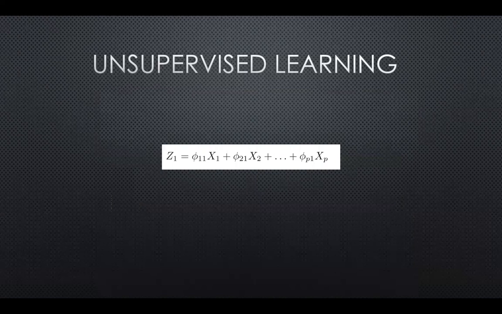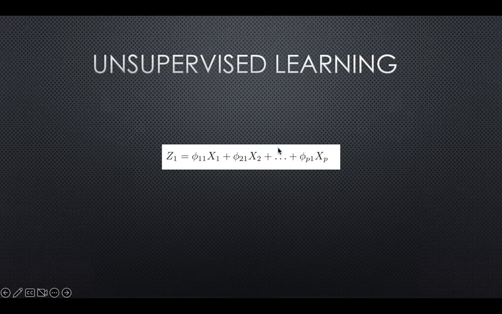The way PCA does that, without getting into a lot of mathematical details, is by taking a linear sum of all the different input features. For example, if you have data that has input features x1, x2 up to xp, you take a linear combination of all those features and then compose a new feature, z1 in this case. The key idea is that it is linear. There is no term here like x1 times x2 or x1 squared or x2 squared.